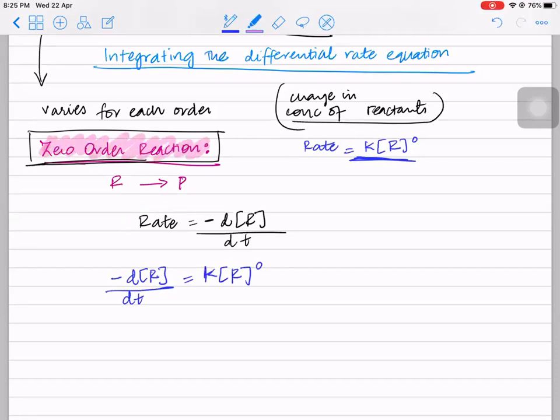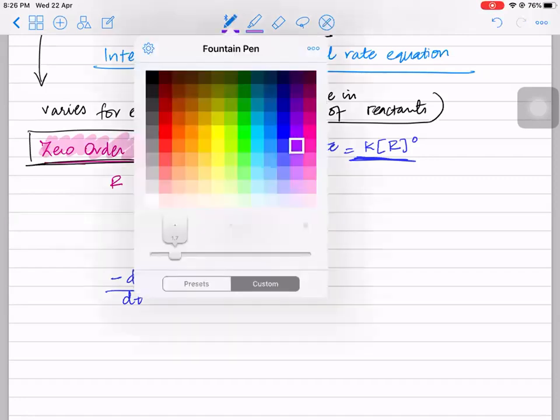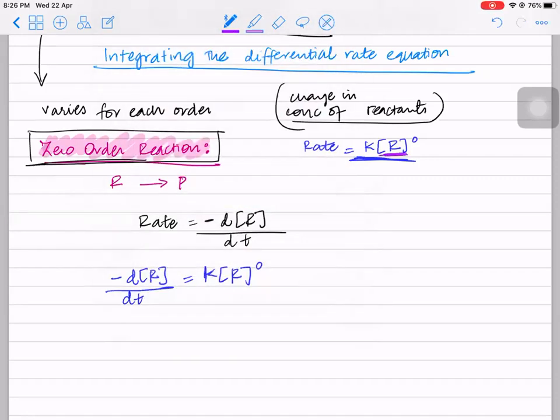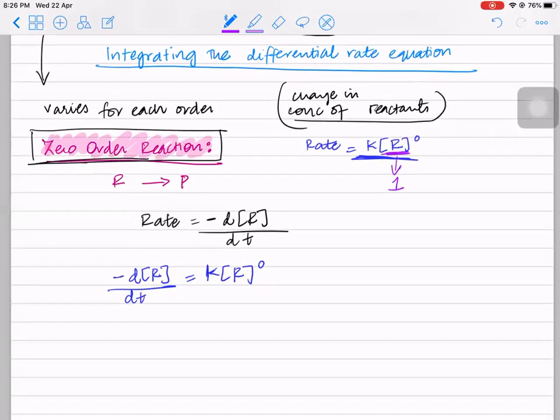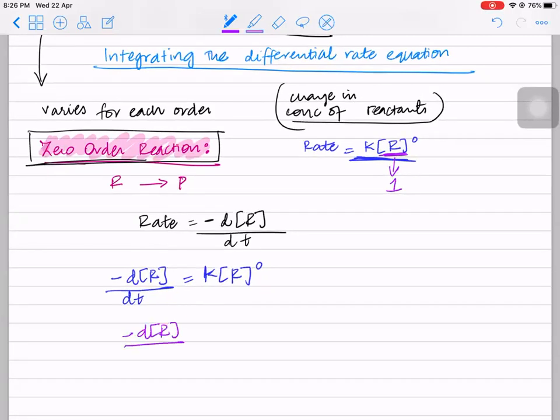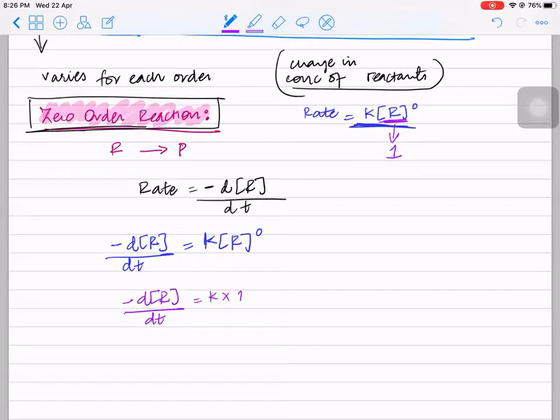Zero order reactions. In zero order, what happens? Rate is equals to K, the reactant is raised to the power 0, right? Now you know anything raised to the power 0 will be what? 1. So can I say it's minus the change in concentration upon change in time is equals to K times 1. Anything raised to the power 0 is 1, right?